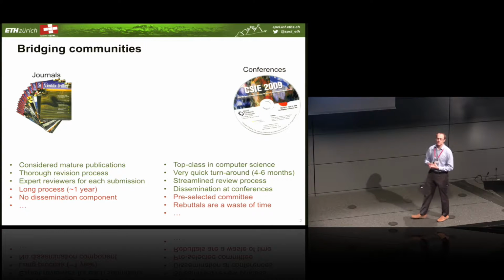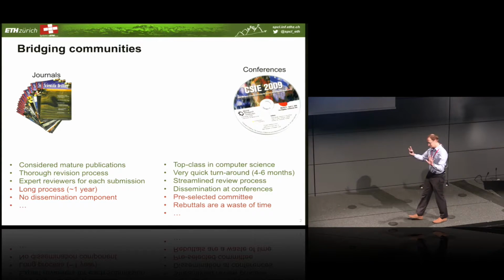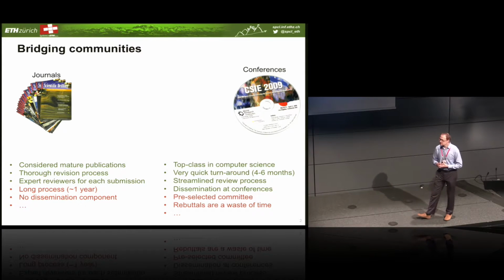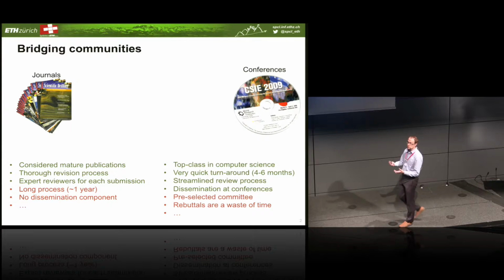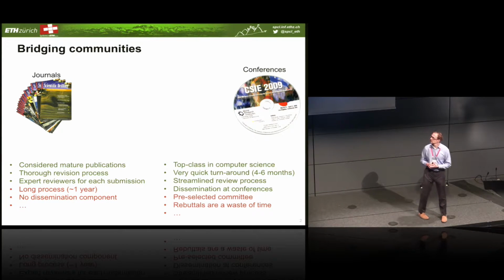Of course, I'm grossly simplifying here, so we can have various discussions that will lead to differences, but I'm just providing the average, essentially. And then, of course, this contains a dissemination at the conference. So it's very useful if I have a conference publication. This means I will go to a conference and will be able to talk to my peers like we do here at the PASC conference.